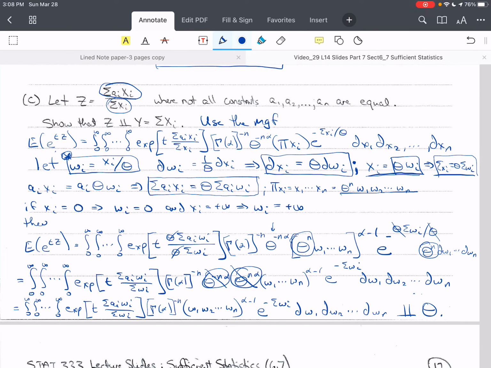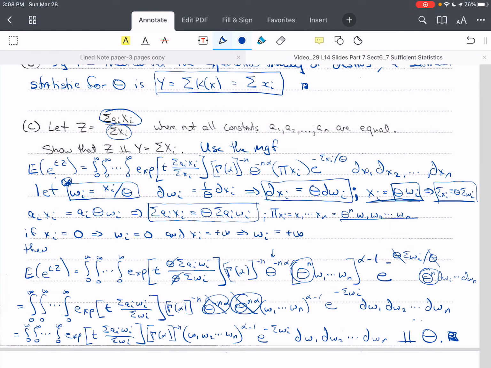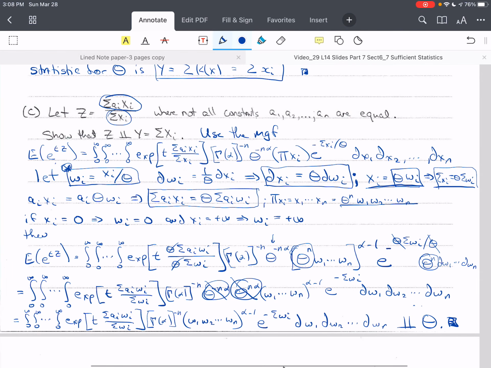Okay, so we have shown, part C, that z is independent of y equals sum of x. So we've shown that this is independent of theta, and therefore z is independent of y, the sum of xi, using the MGF.